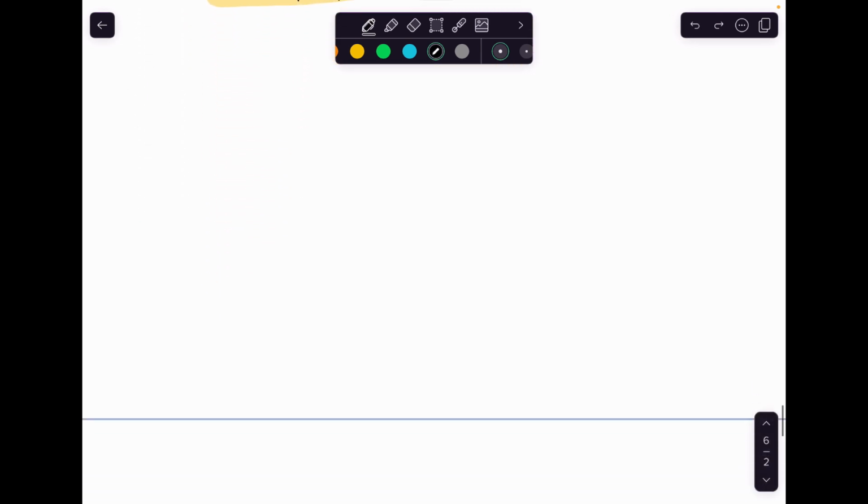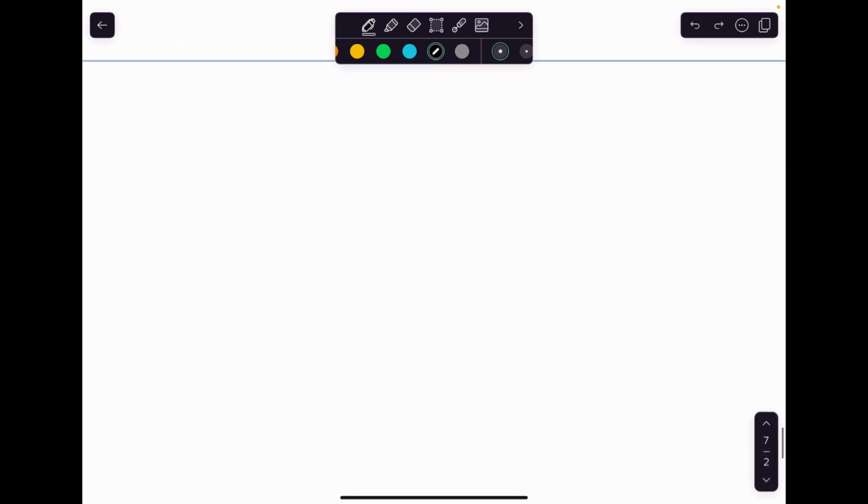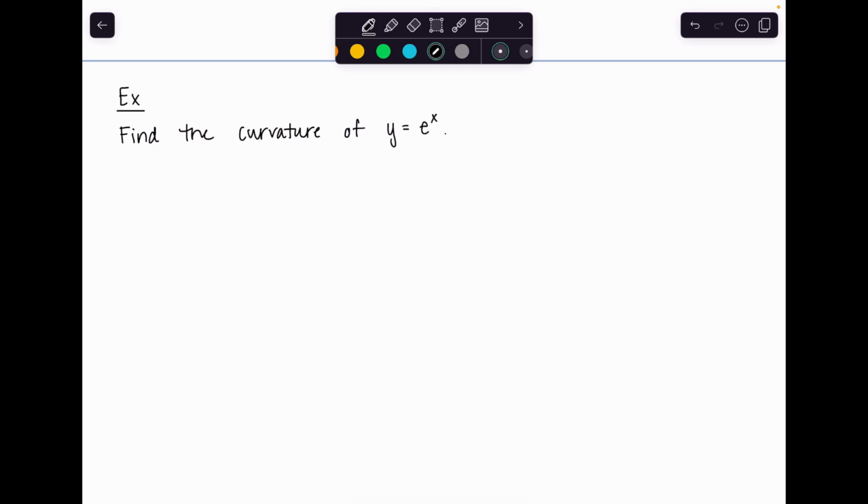So let's do one example. We're going to find the curvature of y equals e to the x. Okay. So again, in order to figure out the curvature, I've got to have a vector function. So we need to parameterize this curve. We can parameterize the curve by the following.